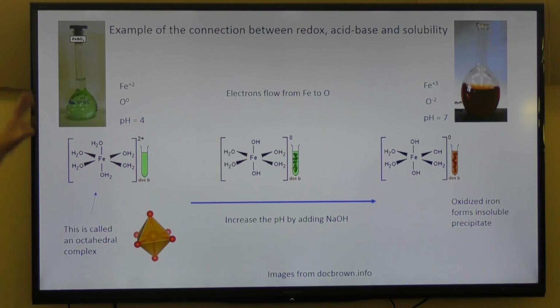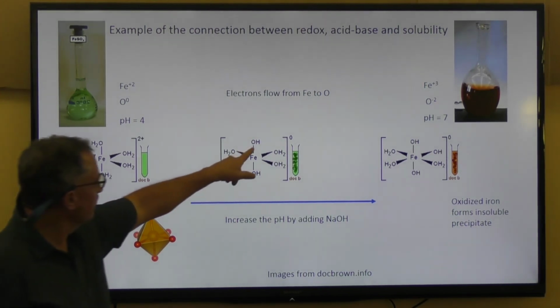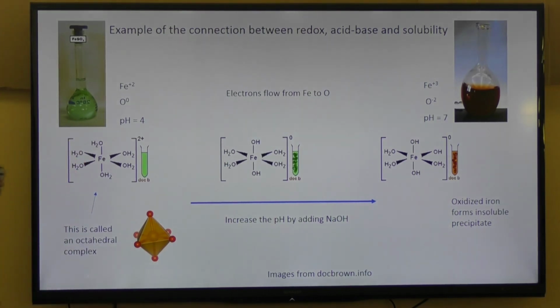When you put iron plus 2 in water, it's going to attract hydroxides to it. Like here's a hydroxide. That makes the water have excess hydrogen ions, and so the pH goes down. So if you take pH 7 water and put iron sulfate in it, the pH will drop pretty rapidly, to 4 or something like that.